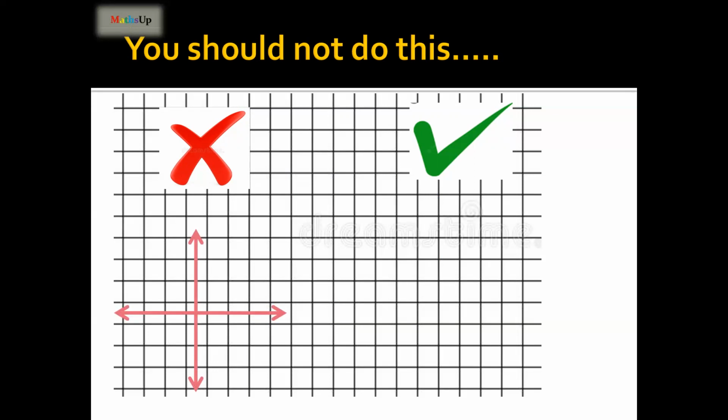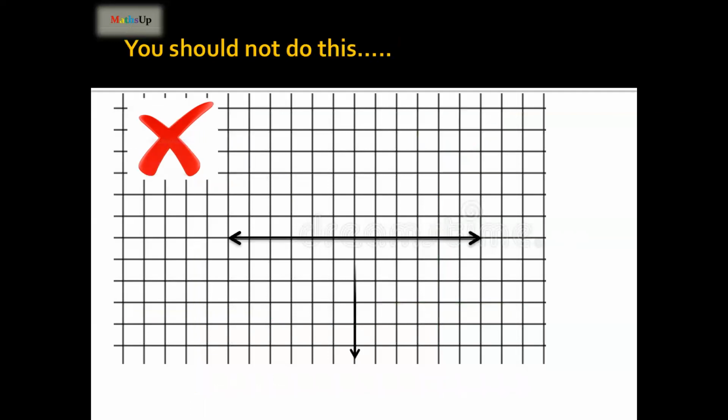This is wrong. Keep in your mind, draw all the lines along the lines of the square rule paper. If not, when you scale the coordinate plane, you will get different gaps between 2 numbers. Therefore, always make sure that you follow the lines of the square rule paper when you draw the x and y axis.